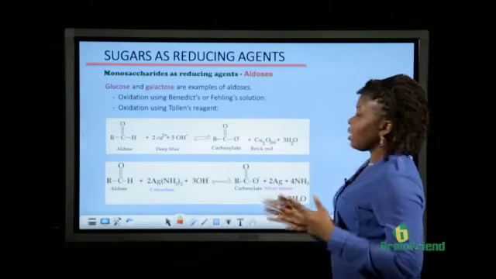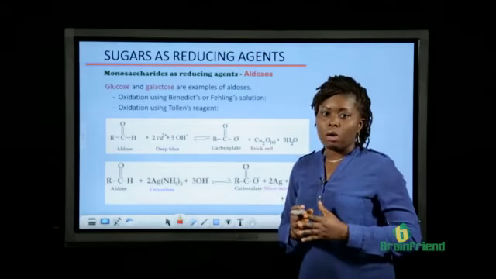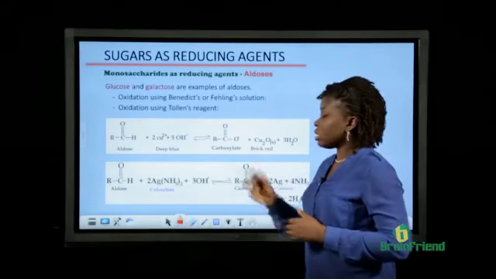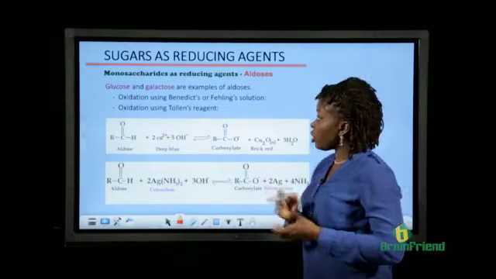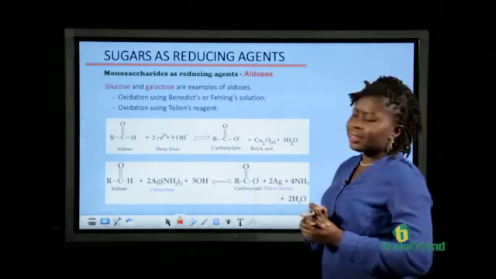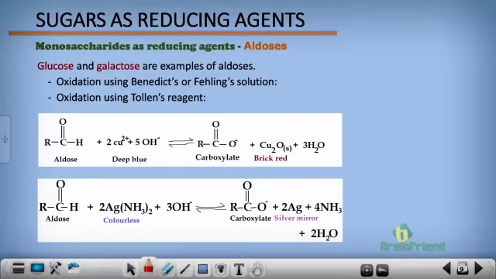Now, we'll be looking at how these monosaccharides work to reduce these weak oxidizing agents. So, monosaccharides as reducing agents, right? Looking at aldoses, remember we said the ones with the aldehyde group are called the aldoses. So, how do they react to reduce weak oxidizing agents?